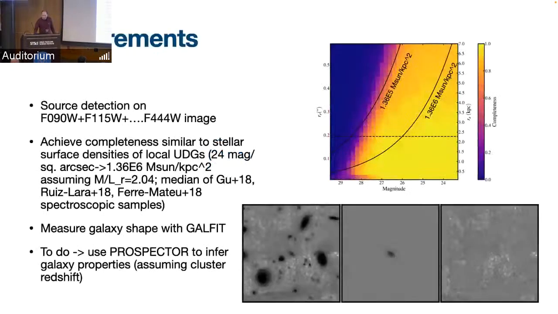I selected based on the stacked F090W, just stacked all the bands we could get, and based on some rough expected mass to light ratio, looked at the average surface brightness and the size based on some GALFIT results, and that was how we selected them.